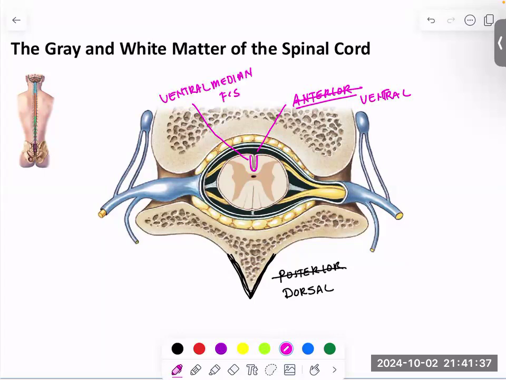That's going to be your landmark to determine what is ventral versus dorsal. On the dorsal side, it just has a line that is called the dorsal median. It is not a fissure. It is called a sulcus.